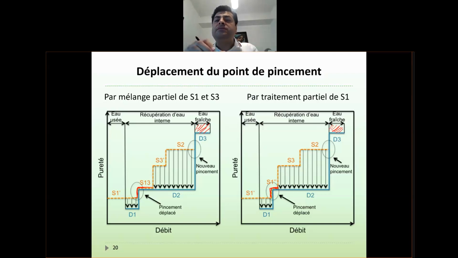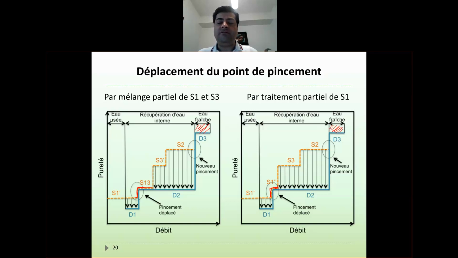So if you mix two streams together, maybe you are risking complicating your process just by adding a contamination from one stream to another stream. So environmentally it could be an issue, and also technically.